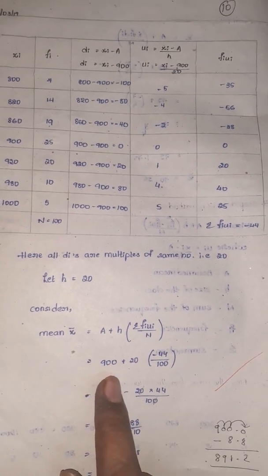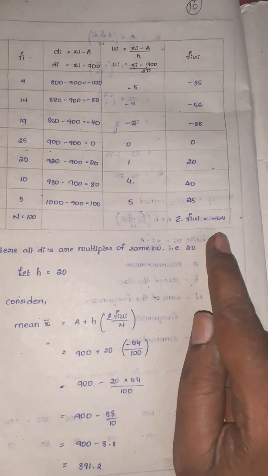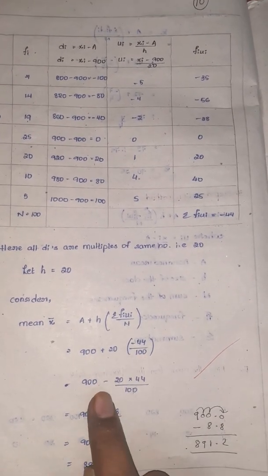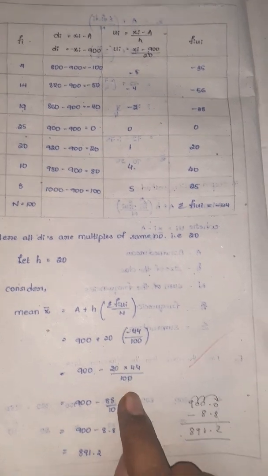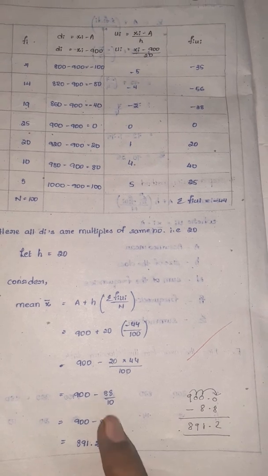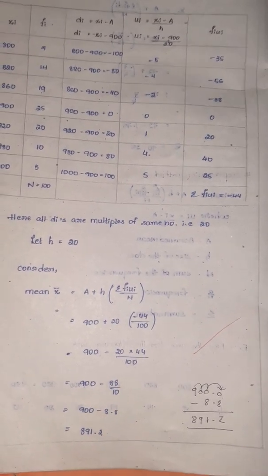The a value we have taken is 900, plus h value 20, into summation fi ui value minus 44, by 100. So plus into minus is minus, 20 into 44 by 100. 0 0 cancel. So 2 into 44 is 88 by 10. This can be written as 8.8, because 1 0 is there in the denominator.